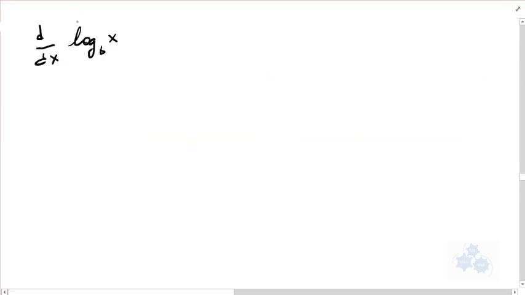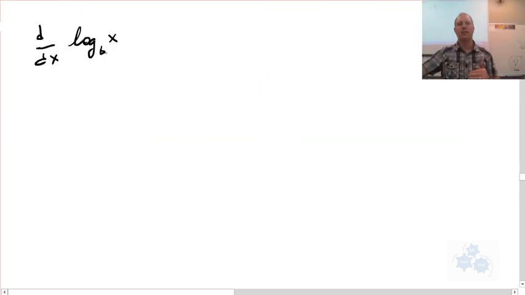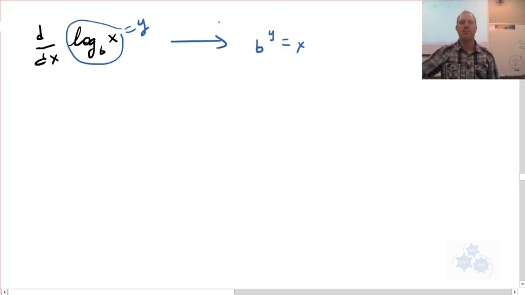One more thing here. We're going to figure out what is the derivative of log of x base b, any base b. So we can do similar things. B to the power of y is x, if I just let this whole thing equal y, right? B to the power of y equals x. So really what we could do is find the derivative of this whole thing here.